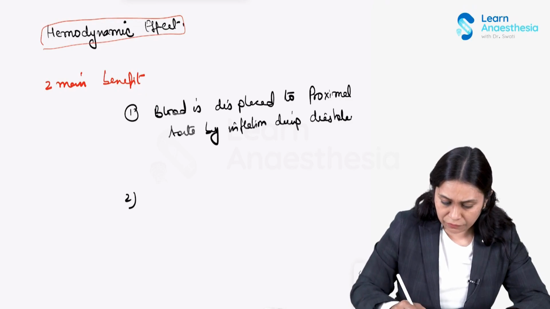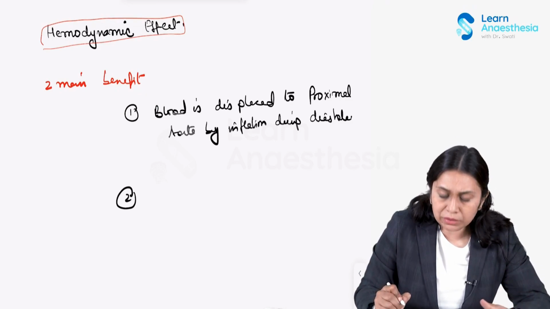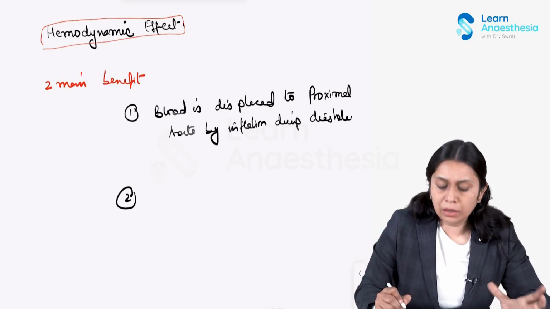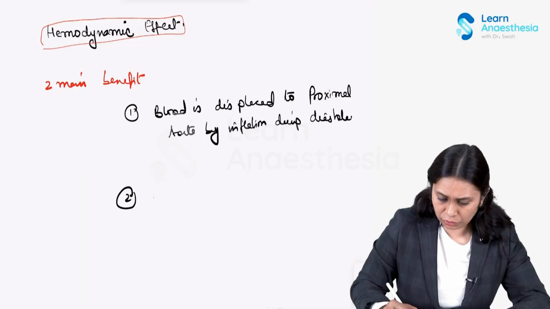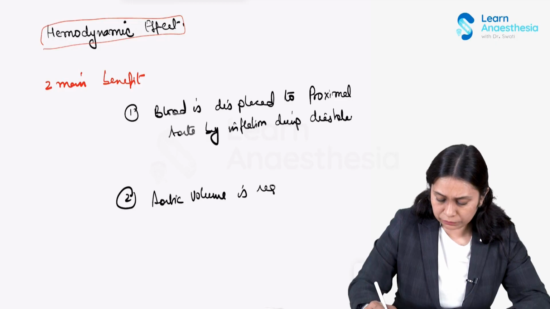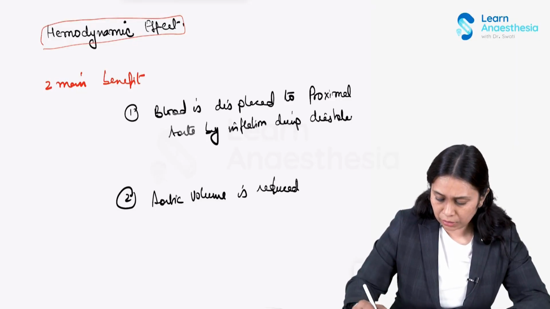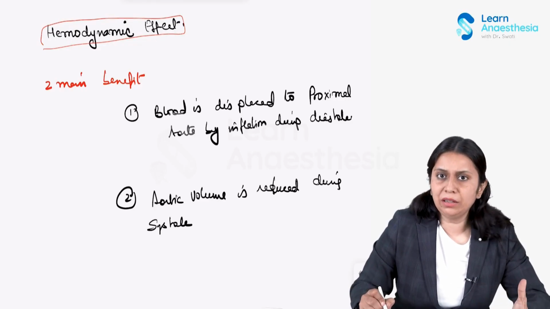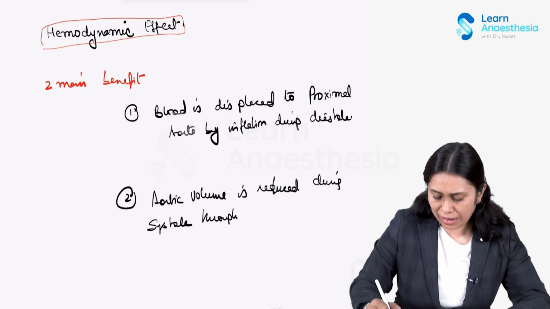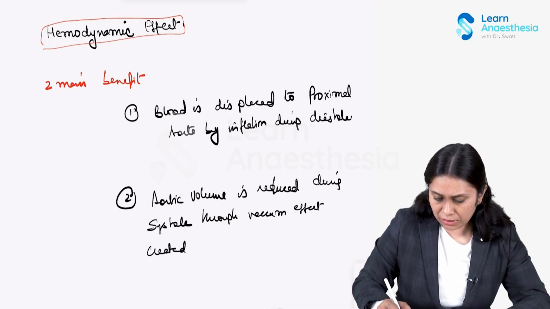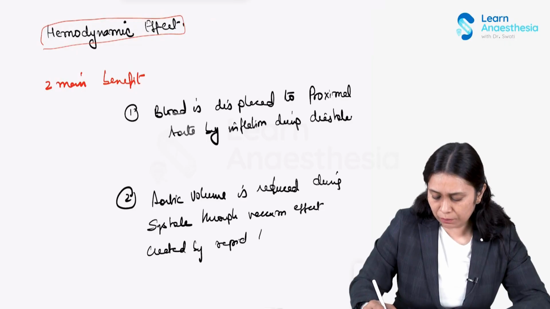Now the second benefit is what happens during deflation: the aortic volume is reduced during systole, through the vacuum effect created by rapid balloon deflation.